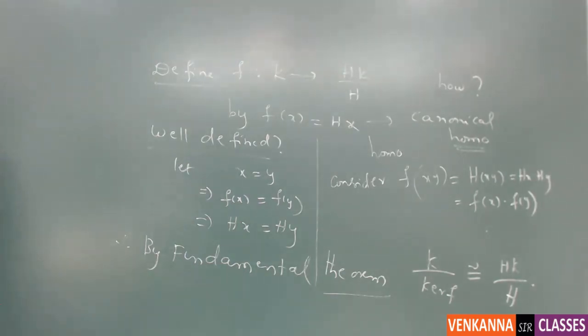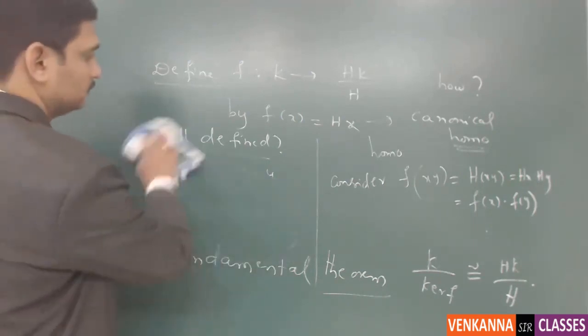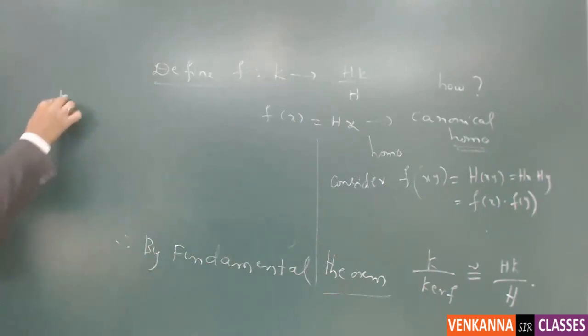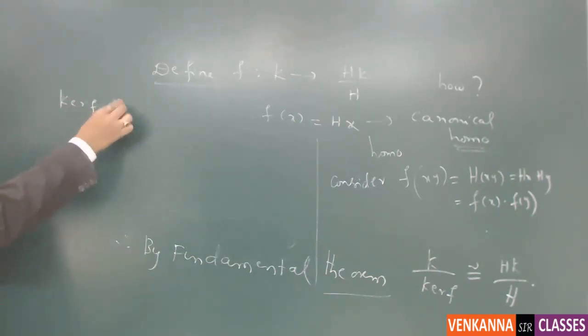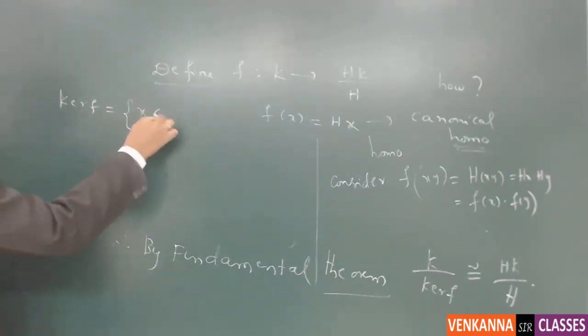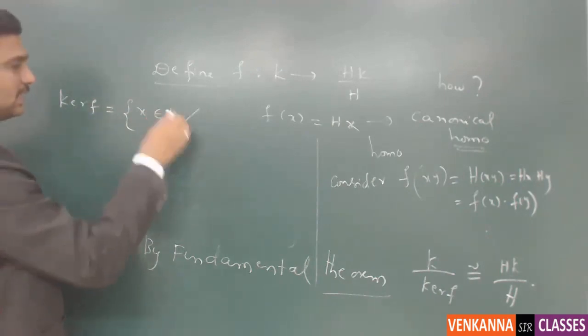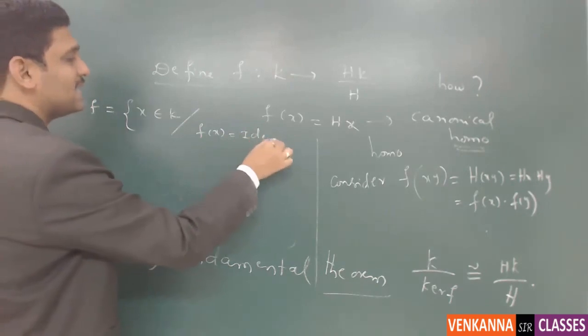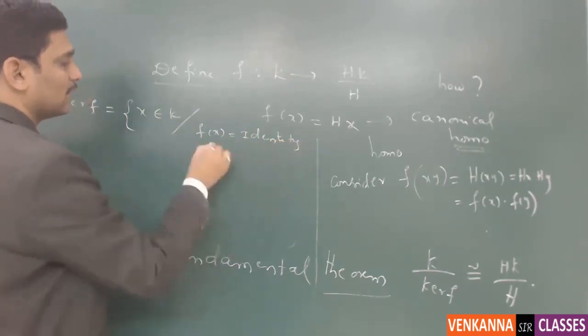So here our intention is, what is the value of kernel F? We have to calculate the value of kernel F. That we are going to discuss now. If you write kernel F, it is the set of all elements in the domain such that f of x is equal to the identity in the codomain.